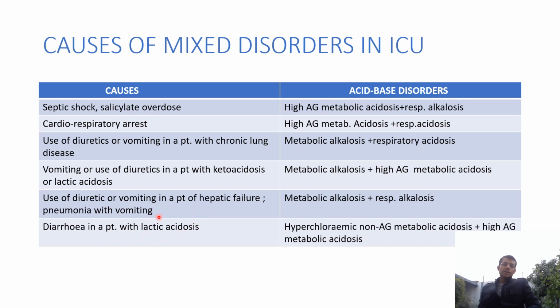Diarrhea in a patient with lactic acidosis: diarrhea will cause, as we will see in the next few slides, a normal anion gap, hyperchloremic metabolic acidosis, but there is also a lactic acidosis. So two types of acidosis can also coexist together.